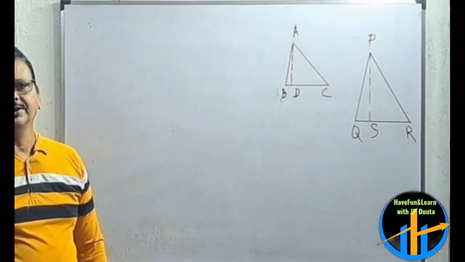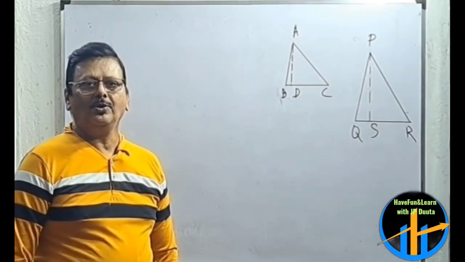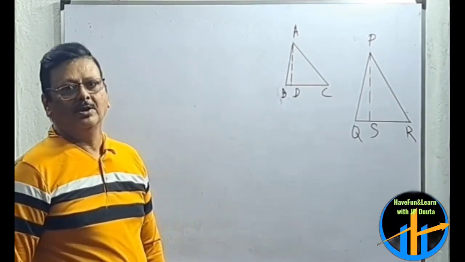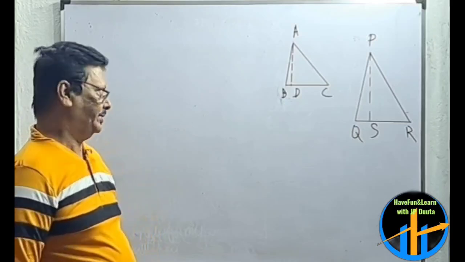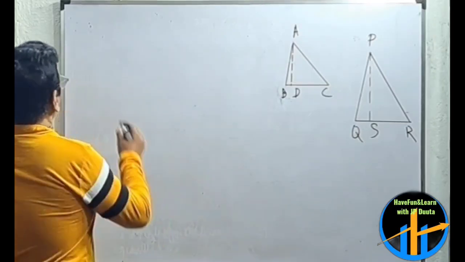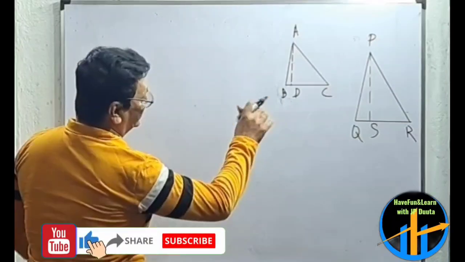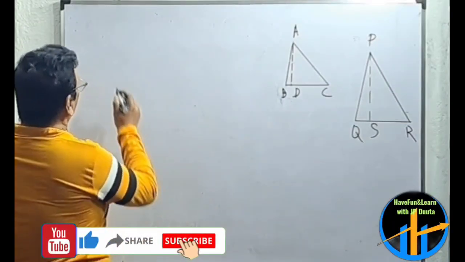So the connection is that the ratio of area of two similar triangles is equal to the square of the ratio of the corresponding sides. Let's see. Now we already said that these two triangles are similar.